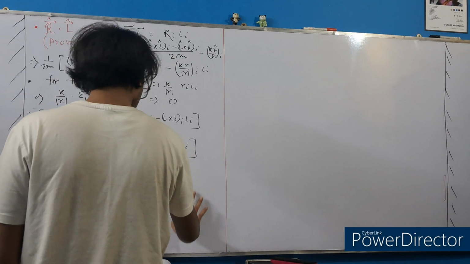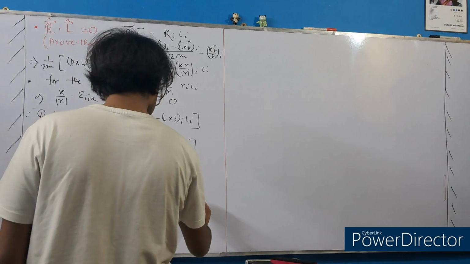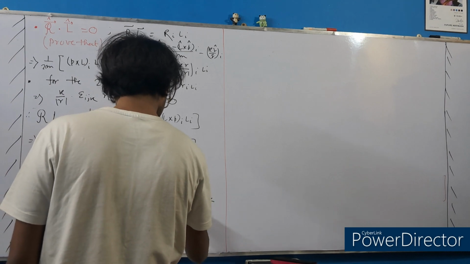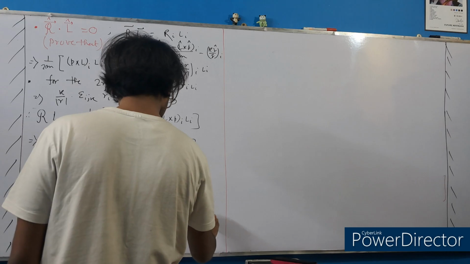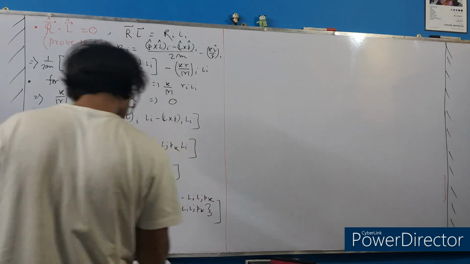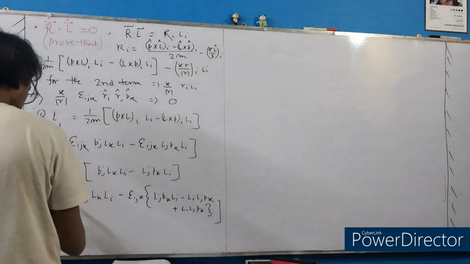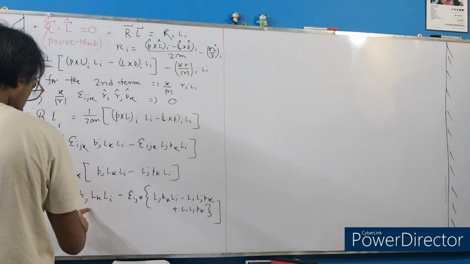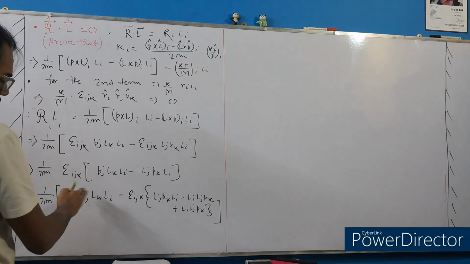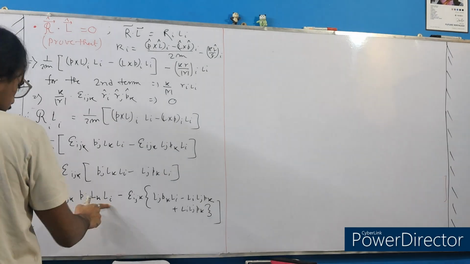Commutation means I have to put a minus. So Li, Lj. Now I can take the epsilon ijk here because this is just a number, so it has nothing to do with commuting with pj and all.